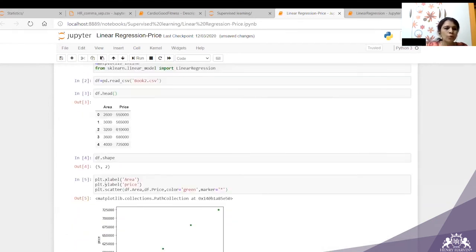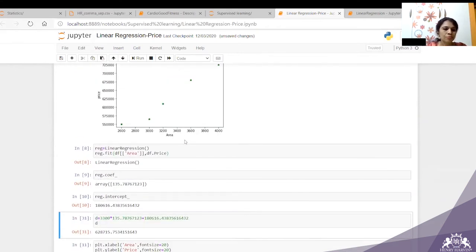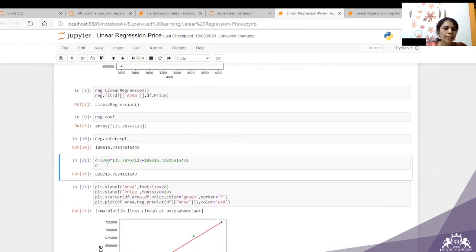Now if I want to find the price for 3,300 square feet, manually I can do 3,300 into 135.78767123 plus the c value, following y equals mx plus c, so that I can get the output.